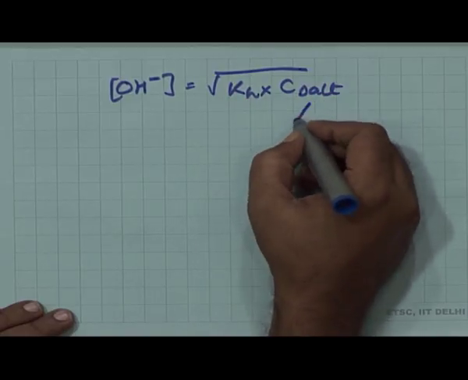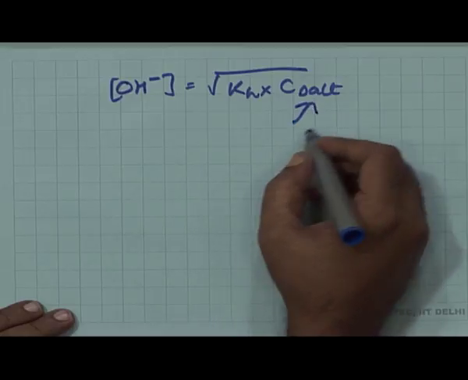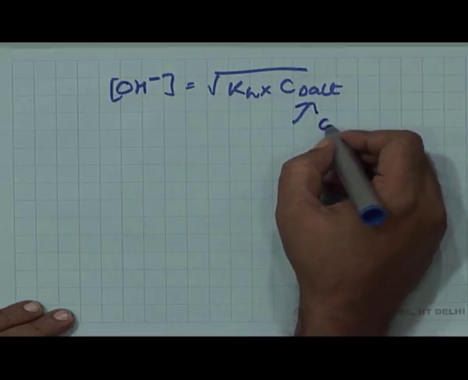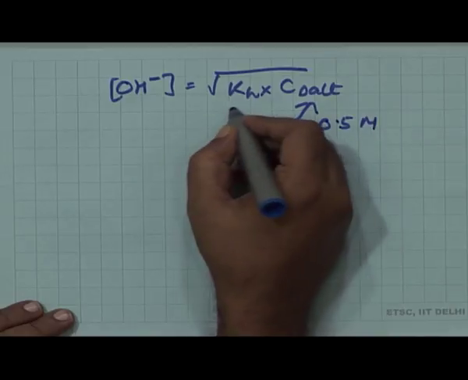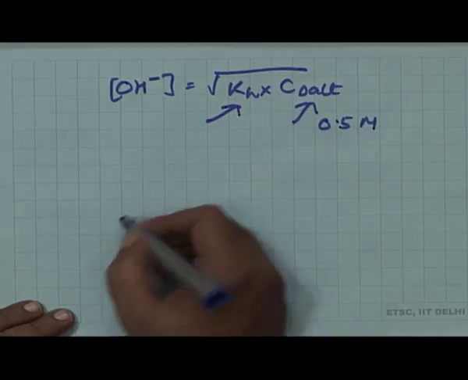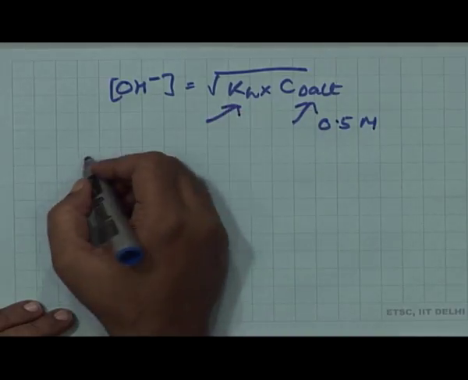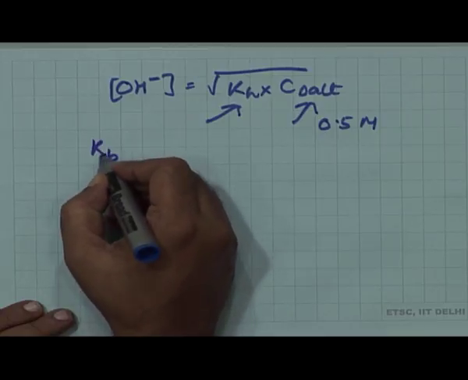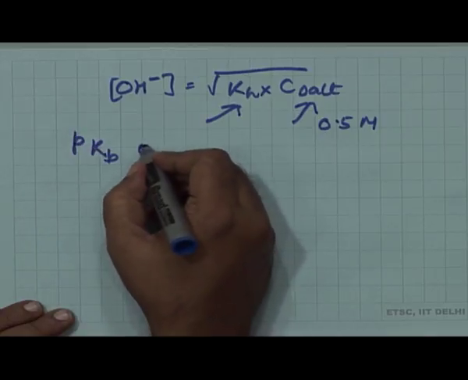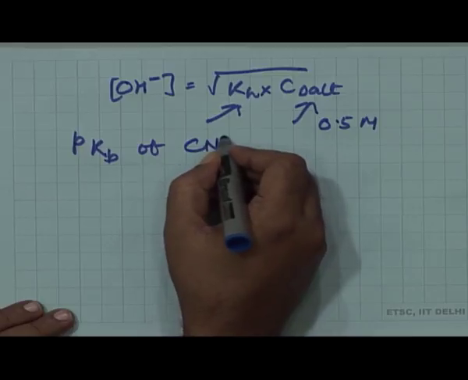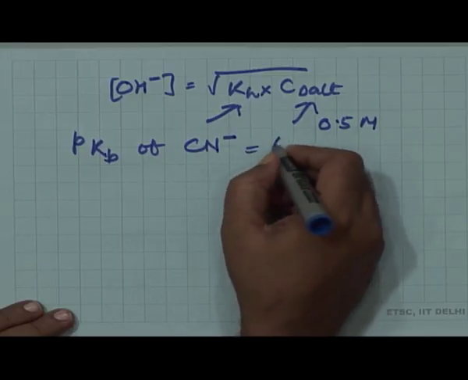C salt is given, this is your 0.5 molar. We do not know the value of Kh. What is given is pKb of cyanide ion, which is 4.70.